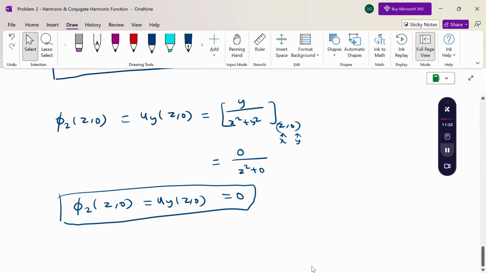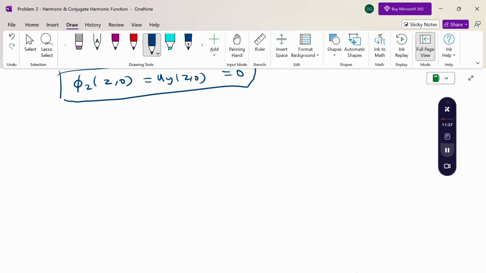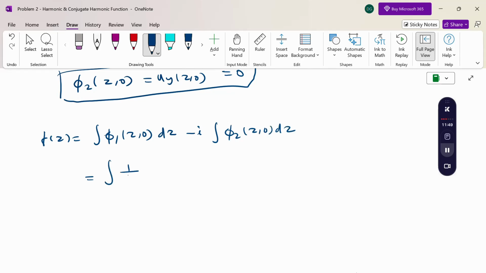Now substitute these values: f of z equals the integral of phi 1 of z comma 0 dz minus i times phi 2 of z comma 0 dz, so 1 by z dz minus i into 0.